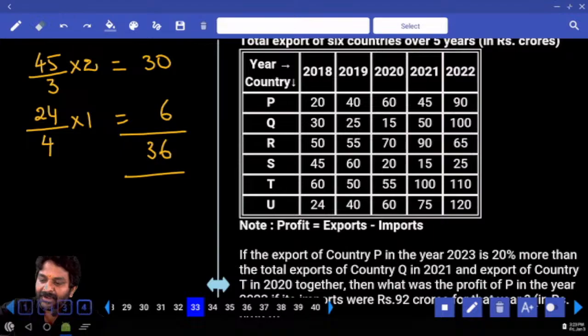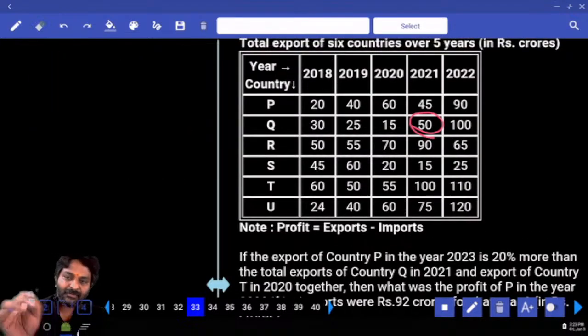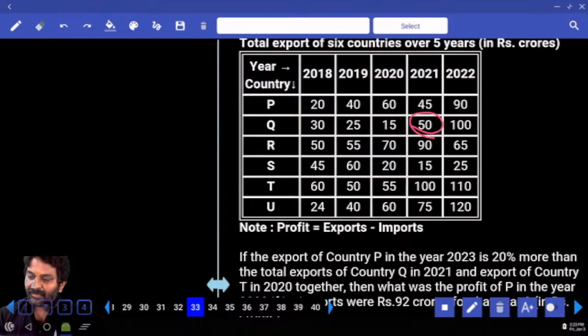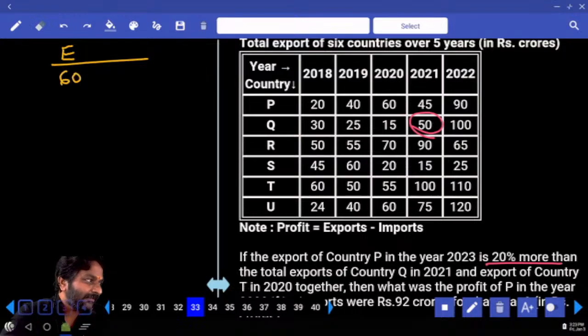If the export of country P in the year 2023 is 20% more than the total export of Q in 2021. Q 2021 export, Q, 50. And P export in the next year 2023 is 20% more. So export becomes 60 for P in the year 2023. Clear?